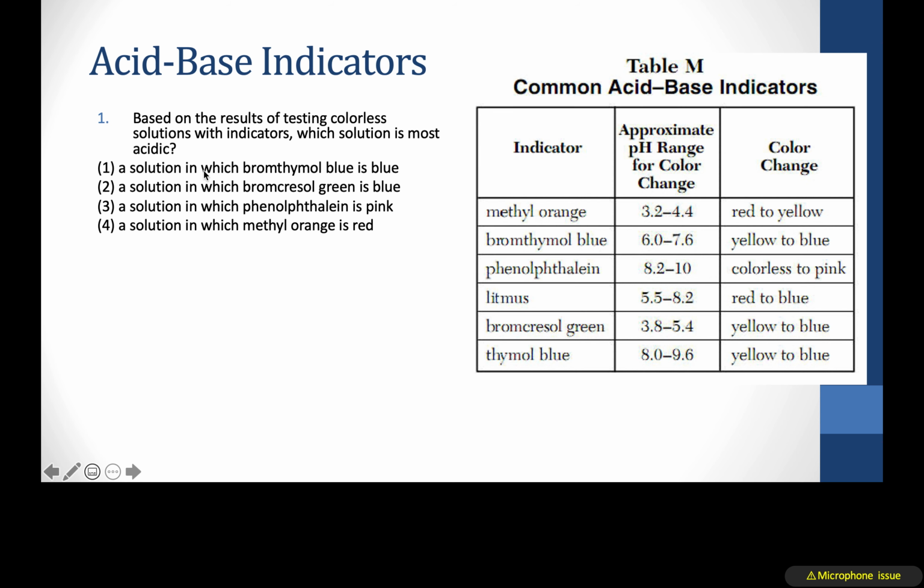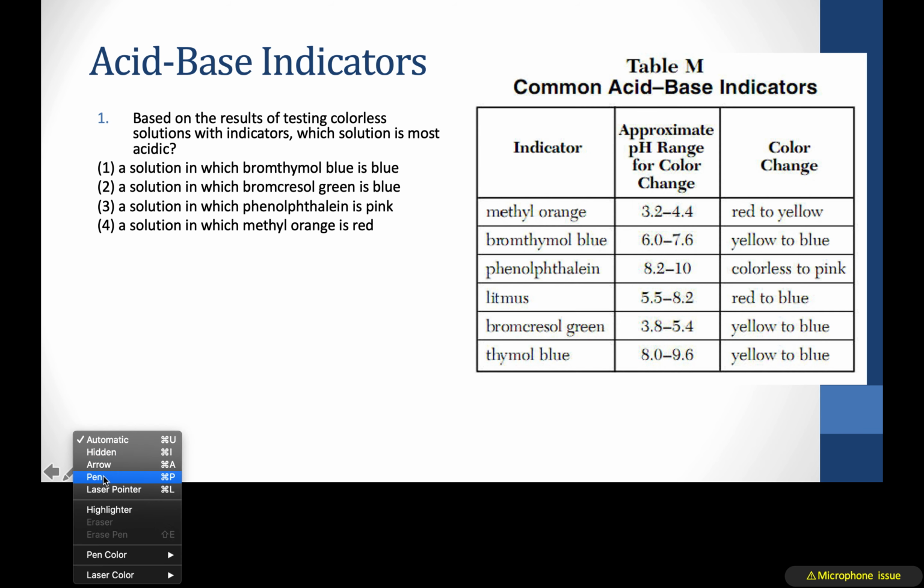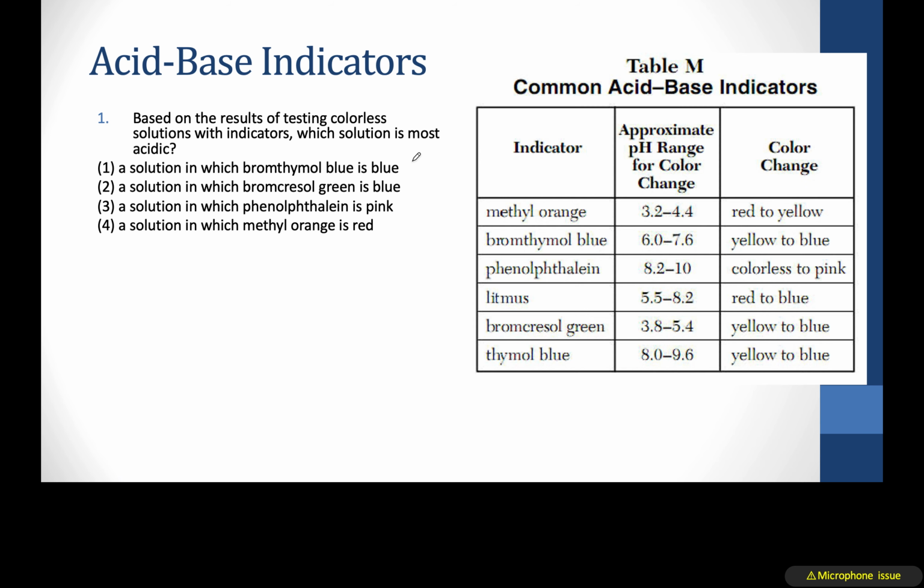So if a solution has bromthymol blue that is blue, the pH has to be above 7.6. It's on this end because it goes from yellow to blue. Let me just make a note of that. So that means this has to be 7.6 or higher, if it's going to be blue.